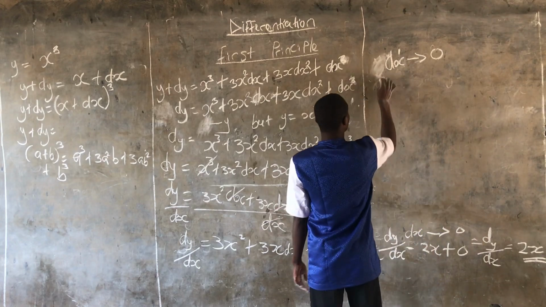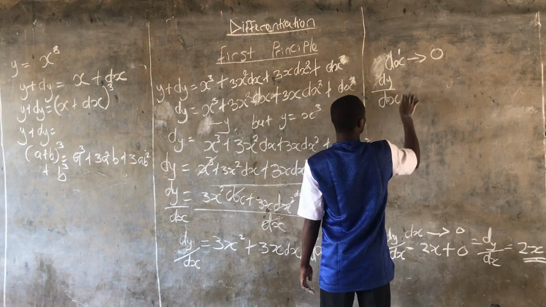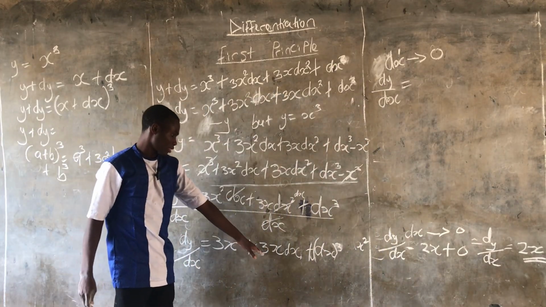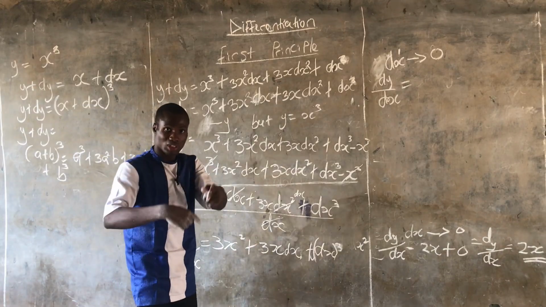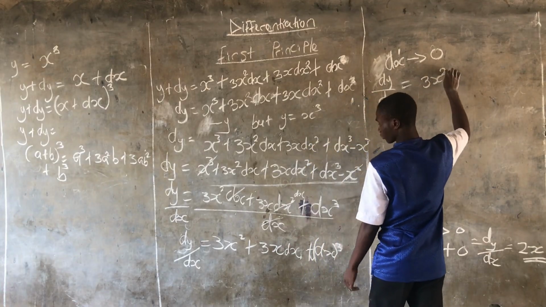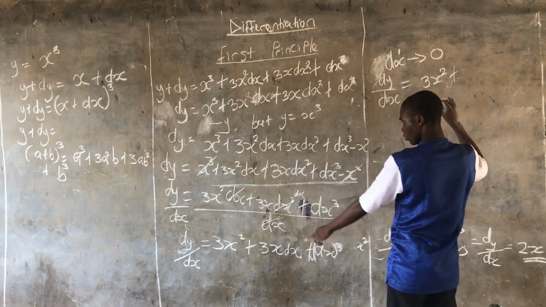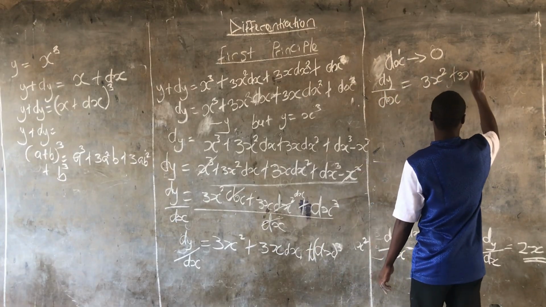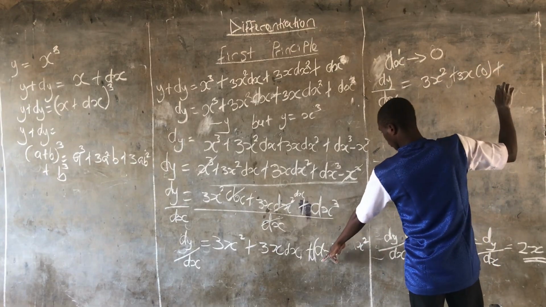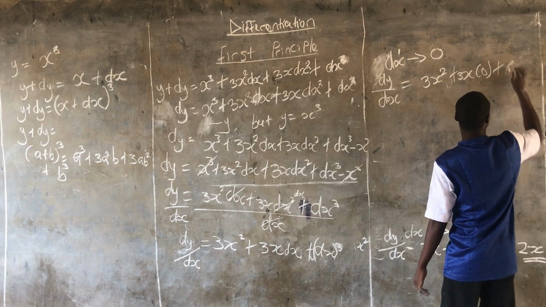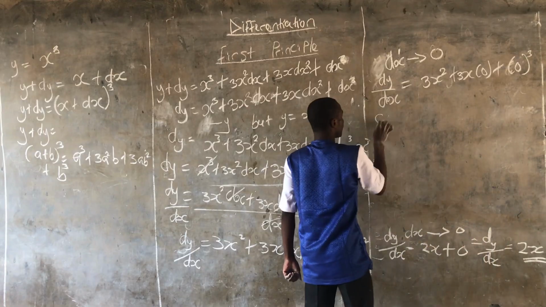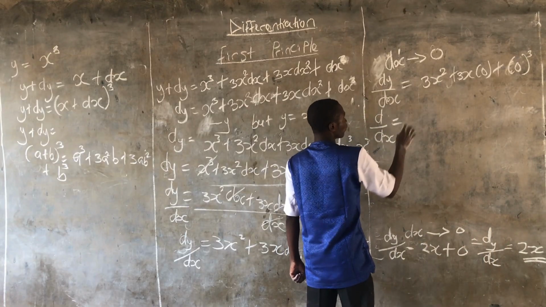So now we can say 3x squared plus 3x bracket 0 plus bracket 0 cube.